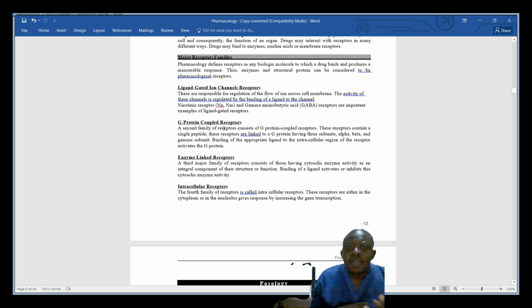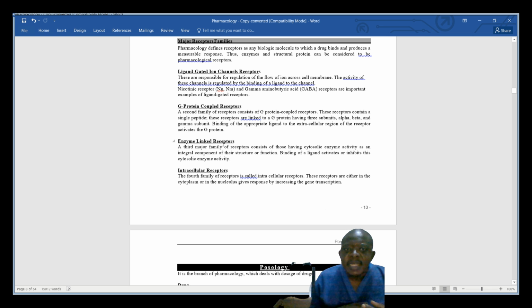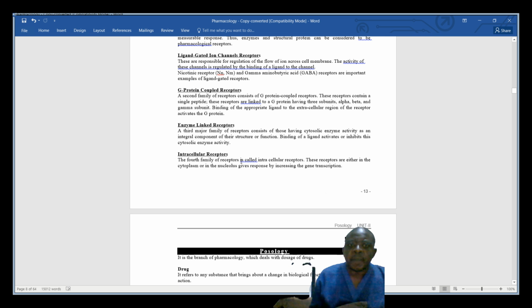Then the other type of receptor is the enzyme linked receptor. So this is a third major family of receptors that consists of those having cytosolic enzyme activity as an integral component of their structure or function. Binding of the ligand activates or inhibits this cytosolic enzyme activity.